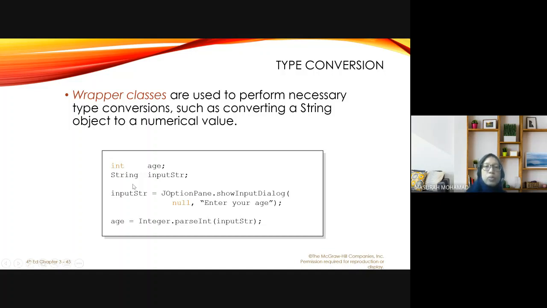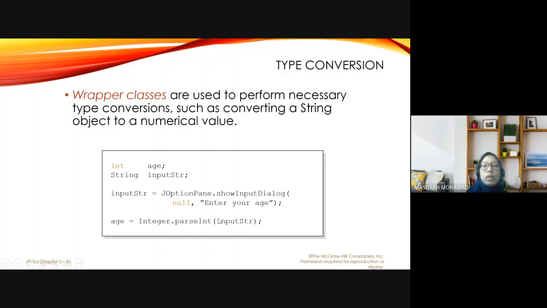Okay, let's look at the correct code. For example, just now we declared one integer age and one string inputStr. We use inputStr to store the value entered by the user. Then you need to call the method Integer.parseInt. This is the wrapper class.